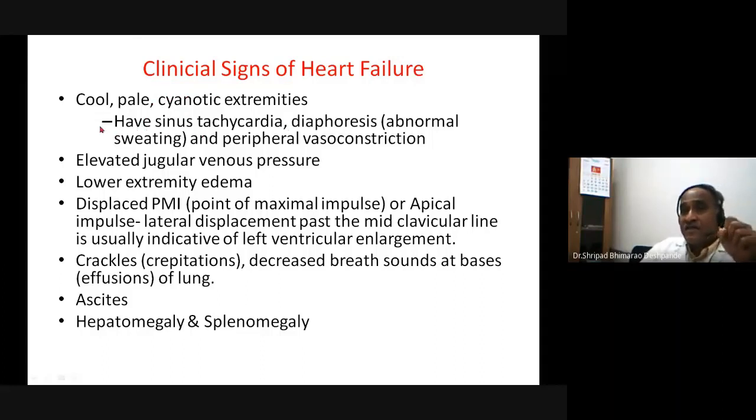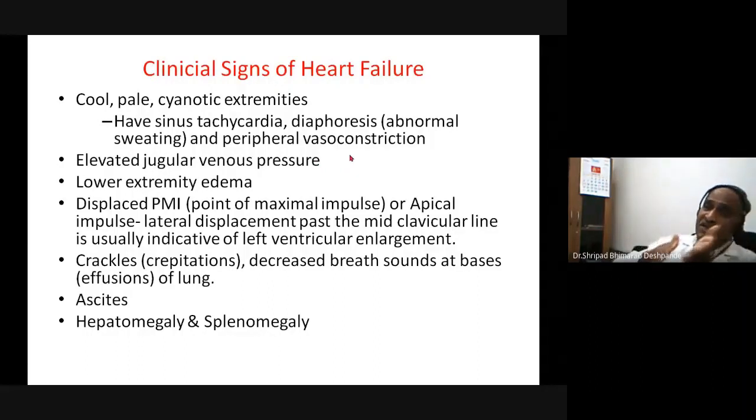Then he will have sinus tachycardia, an increased rate, and an abnormal sweating response. He may have what is called diaphoresis, and he has peripheral vasoconstriction if you examine. Now, if you examine the jugular venous pulse, you will see jugular venous pulsations even at a very high level. You know how to examine the jugular venous pulsation.